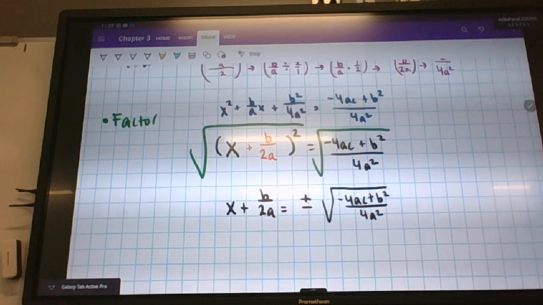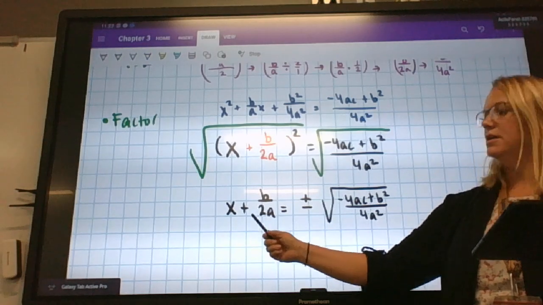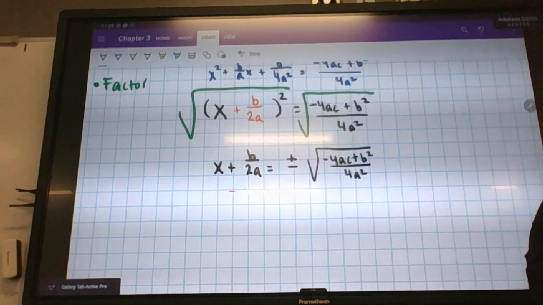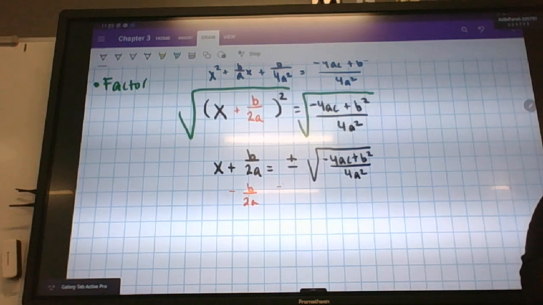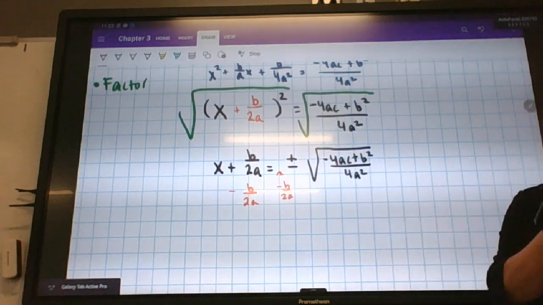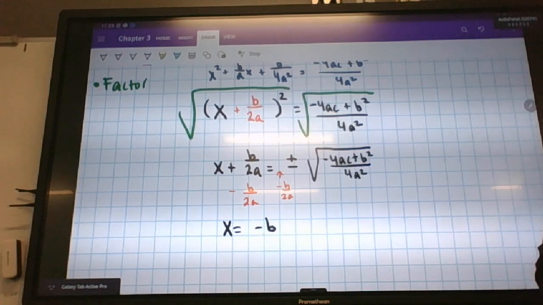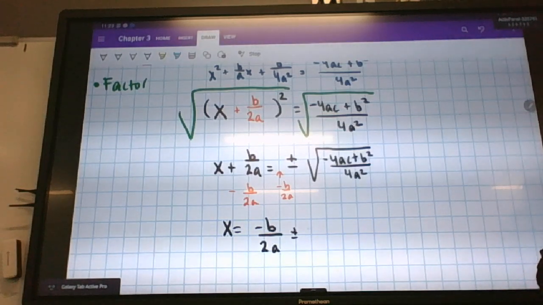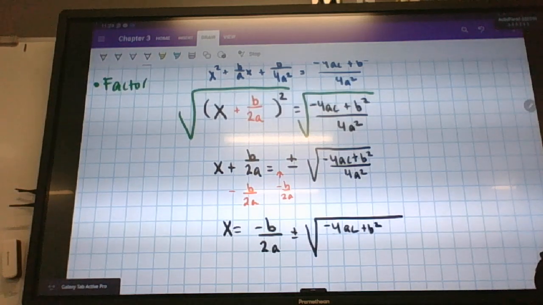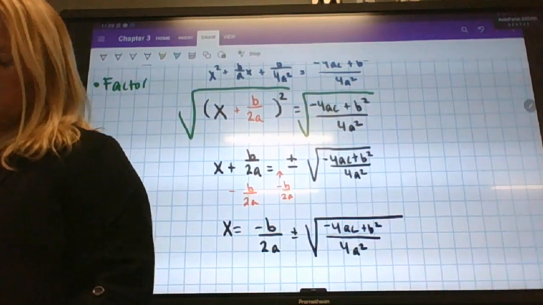And then the last thing we did was to get x alone, we would add or subtract whatever value is here. So I'm going to subtract b over 2a. And then we always put that value in between the equal and the plus or minus. And that is the quadratic formula.